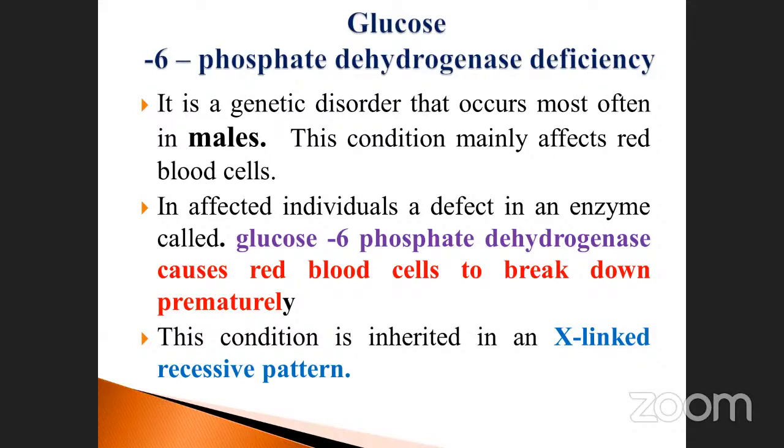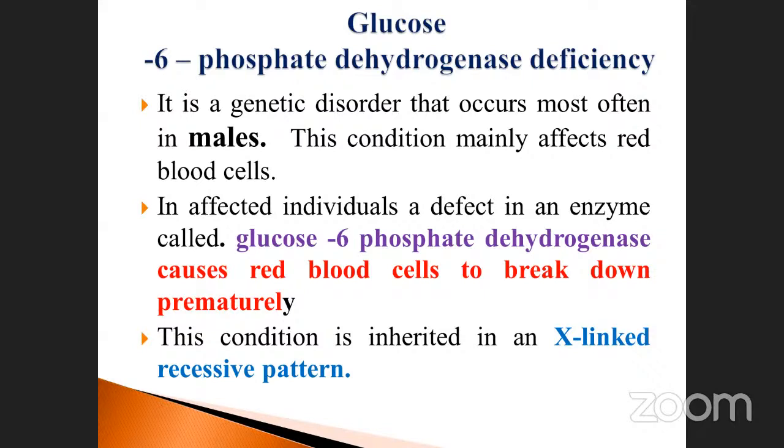This condition is inherited in an X-linked recessive pattern. Sometimes in diseases a dominant gene may be responsible for a particular syndrome, but in this category it is an X-linked recessive pattern only. Don't forget, my dear.